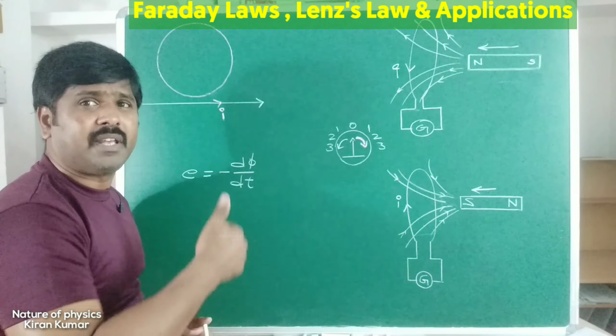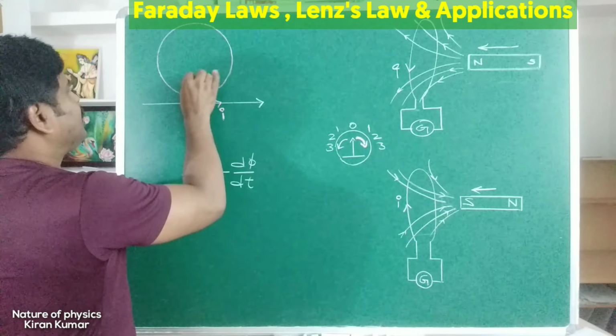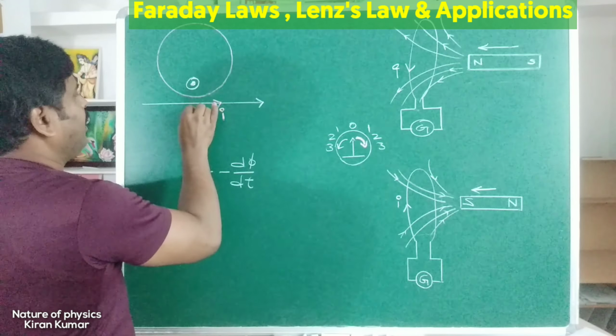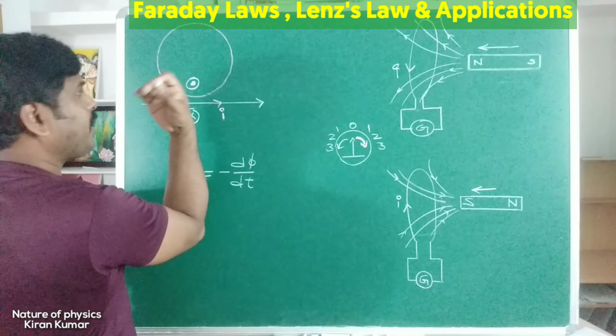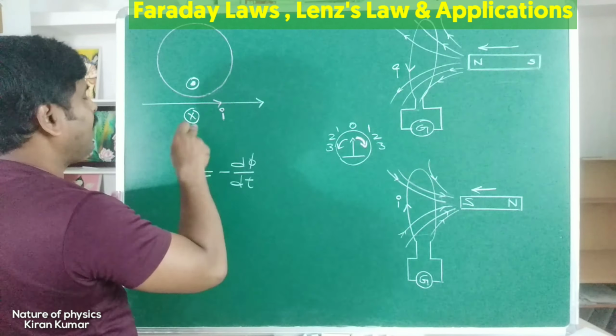Here the magnetic field in the coil is out of the paper, and below the conductor the magnetic field is into the paper. So like this, out of the paper. Here the magnetic field is minus k cap.